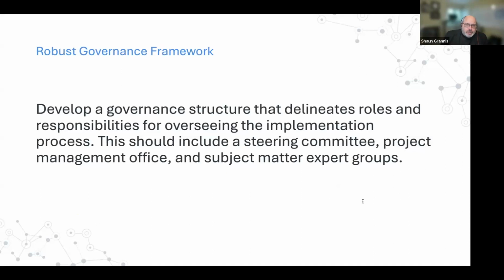Robust governance framework. All I'll say about this is governance cannot be overlooked in planning an identity management deployment. You, again, need to make sure that there's appropriate focus, not only on the technical, but on the organizational and interactional aspects of the project as well. So we often recommend a steering committee to oversee the project. Project management is often involved in subject matter expert groups.